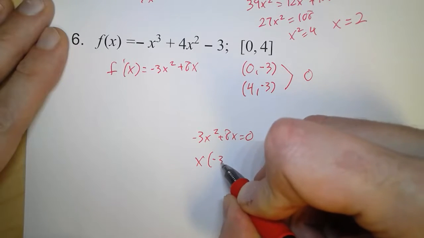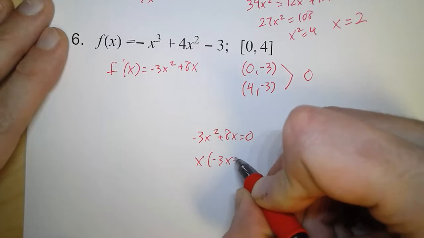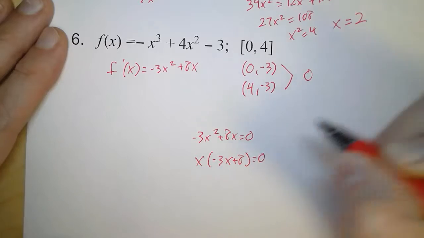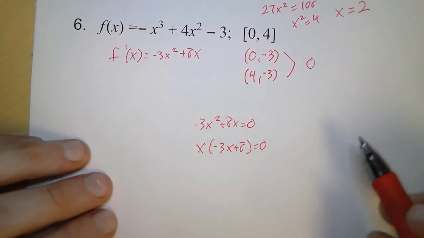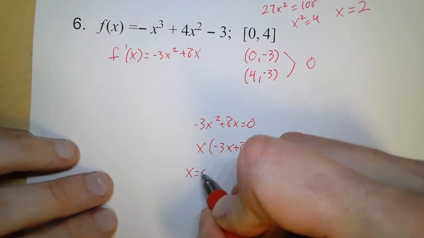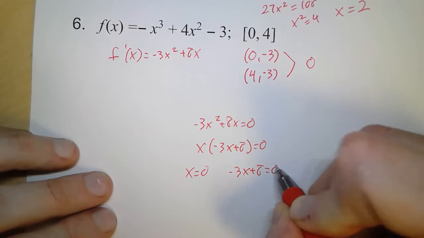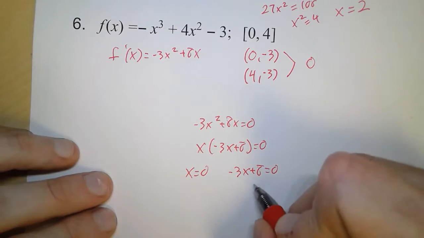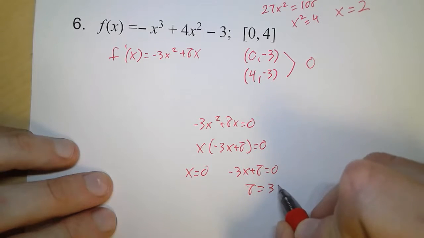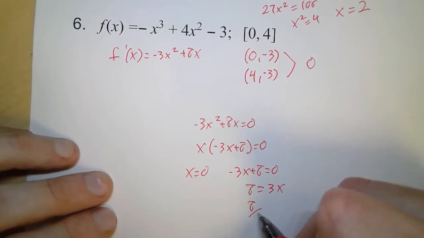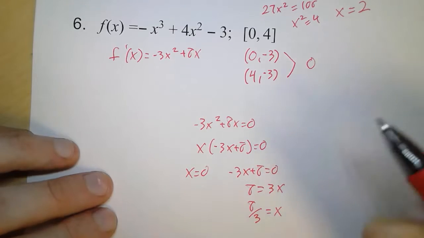So we have x times negative 3x plus 8 equals 0. So we set x equal to 0 and negative 3x plus 8 equal to 0. Add the 3x, so 8 equals 3x, and then divide by 3, so we get 8/3 equals x.